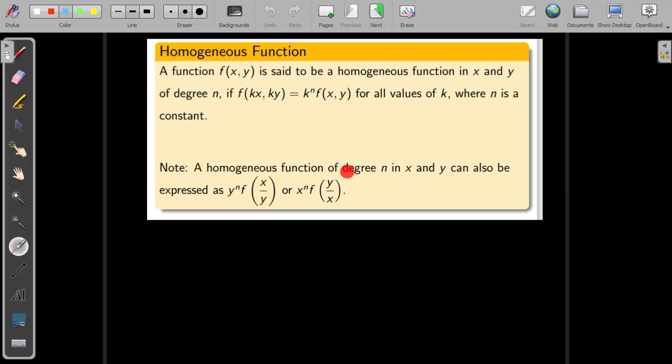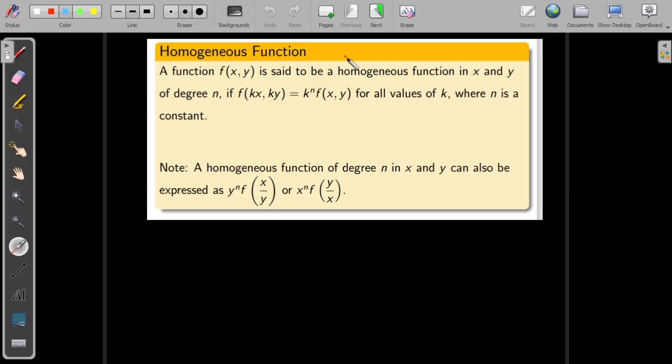A function of degree n in x and y can also be expressed like this: y^n f(x/y), which means from the function we take y^n outside and make the remaining part a function of x/y. Or else sometimes you can take x^n times a function of y/x. It all depends upon the given function.